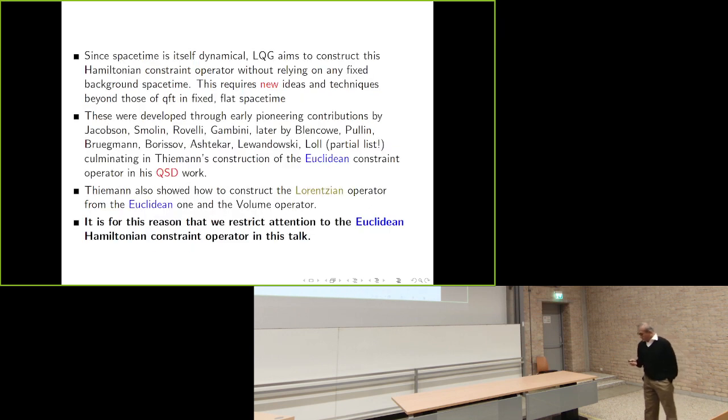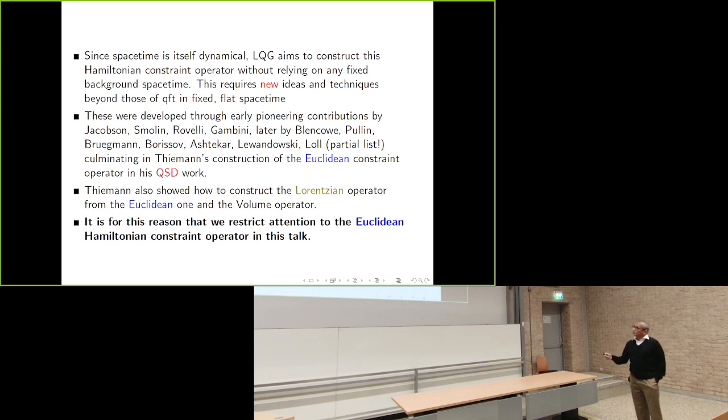Okay. Now, since in GR space-time is itself dynamical, there is no preferred background. All background objects are fictitious and unphysical, and the guiding philosophy of LQG is that it aims to construct everything, and in particular the Hamiltonian constraint operator, without relying on any fictitious fixed space-time background structures.